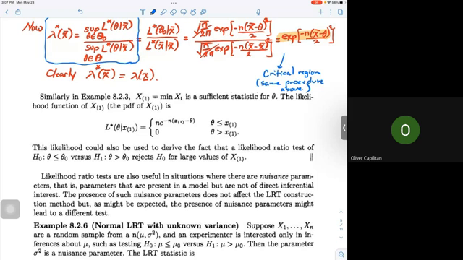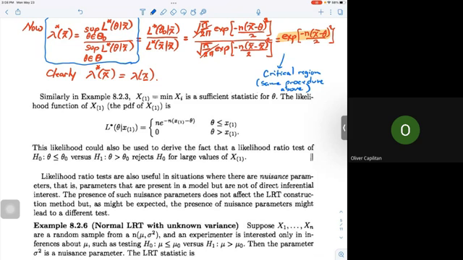We know that the sample mean, rather the first order stat, is also a sufficient stat. Pero alam nyo ba kung ano yung kanyang PDF ng first order stat? We have that in chapter 5 of STAT 331.